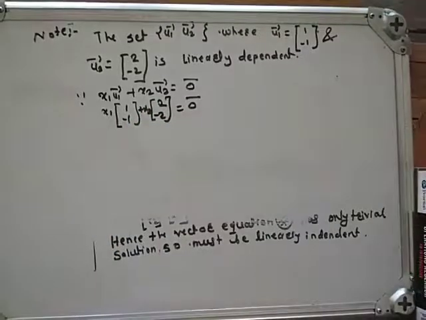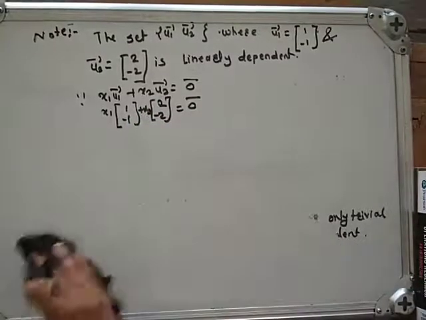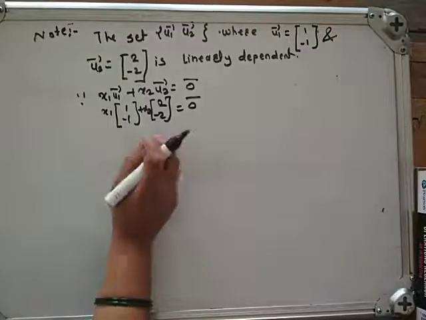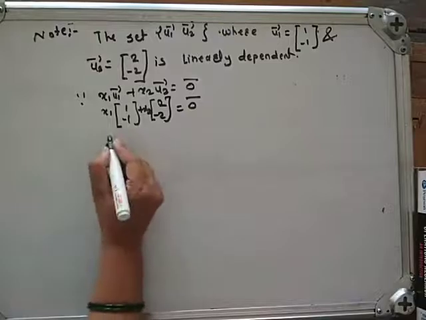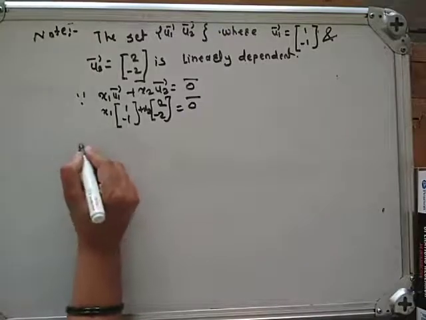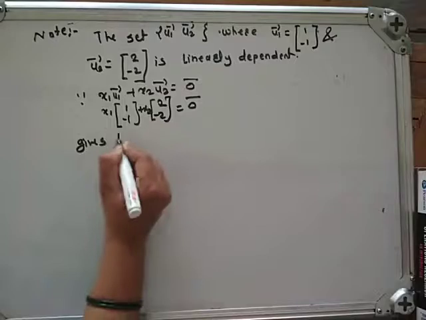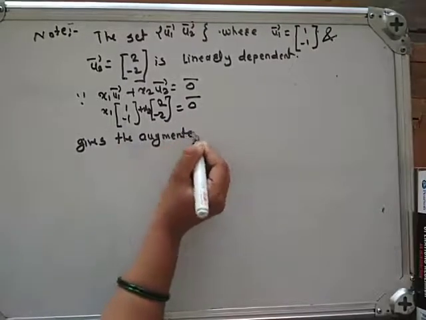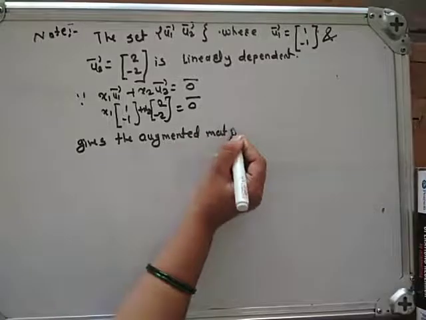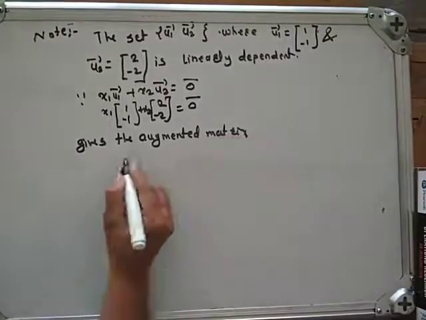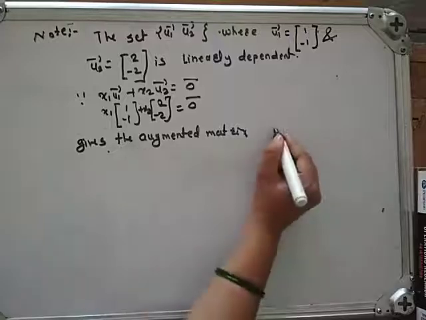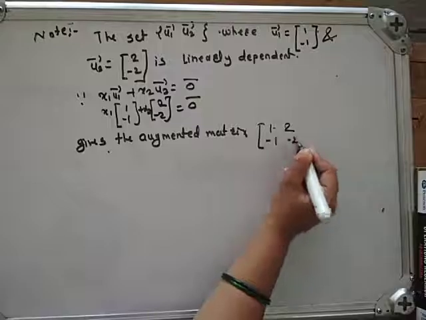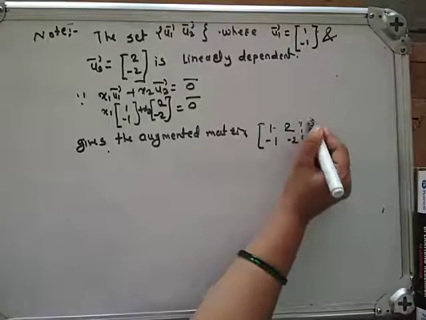Okay. From this system we get the augmented matrix 1 2, minus 1 minus 2, 0. Okay.